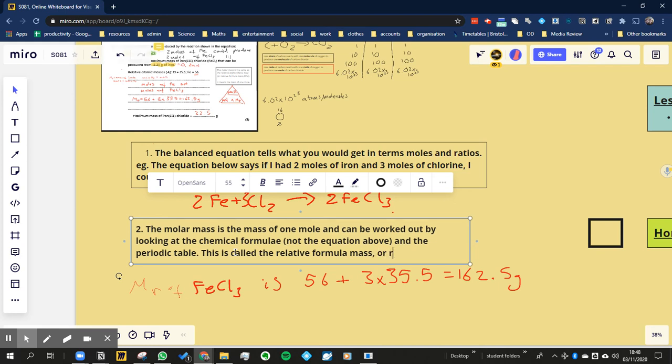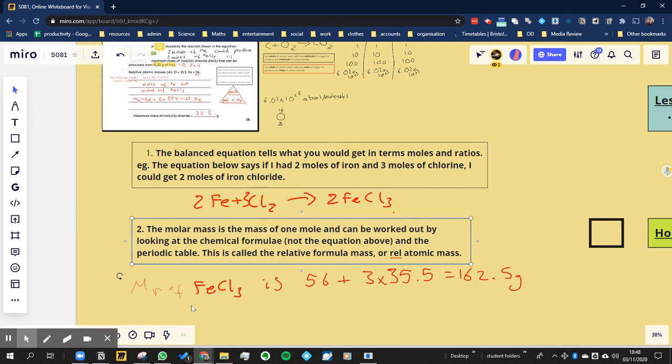It's better to think about it as the mass is equal to the number of moles times the molar mass, rather than thinking about it in terms of relative atomic mass and so on, because then it makes a bit more sense.